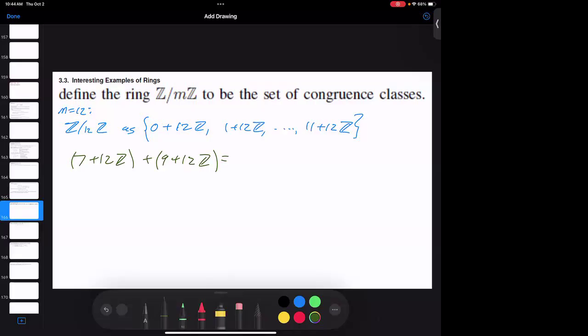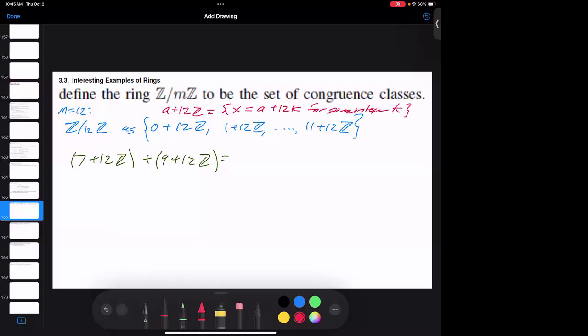A plus 12Z is going to be all numbers x of the form a plus 12k with k an integer.